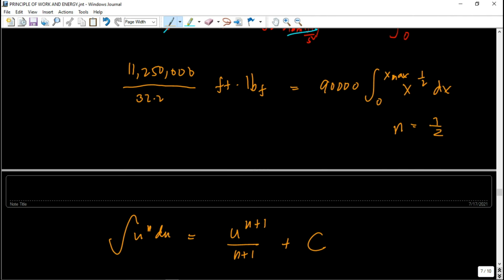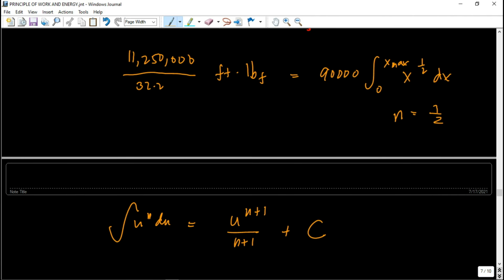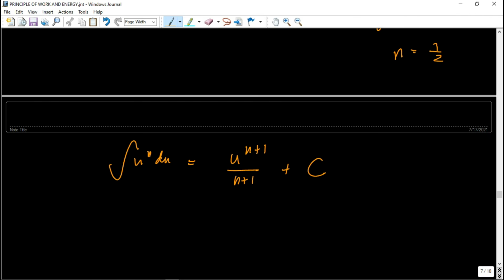So 11,250,000 divided by 32.2, that is 349,378.882. Okay, foot-pound force. Okay, equals 90,000. Okay, so this is in pound force. So from the problem, yung F natin is in pound force.